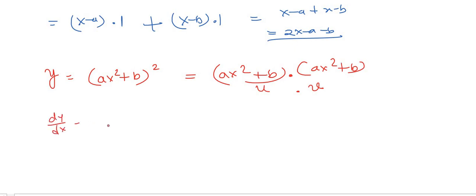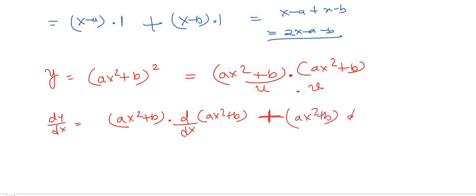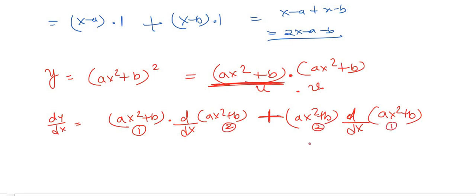So dy by dx will be (ax square plus b) as it is, u as it is, d by dx of (ax square plus b), plus, correct? Plus second as it is, (ax square plus b), d by dx of v, d by dx of u. That's how we do when we have a product of two functions. First as it is, second's derivative, then second as it is and first's derivative. That's how we do with plus sign in the middle.